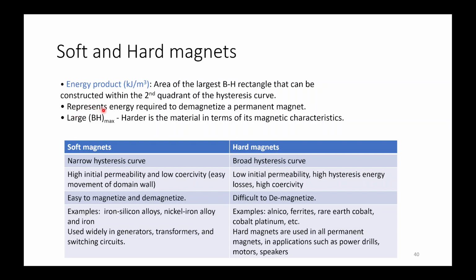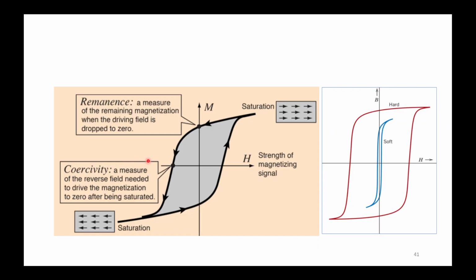Now it represents the energy required to demagnetize a permanent magnet. So the larger the BH max, the harder the material is in terms of its magnetic characteristics. Depending on that, soft magnets will have a narrow hysteresis curve. This is for soft magnets, and this bigger one is for hard magnets.